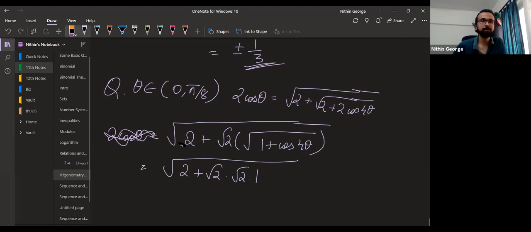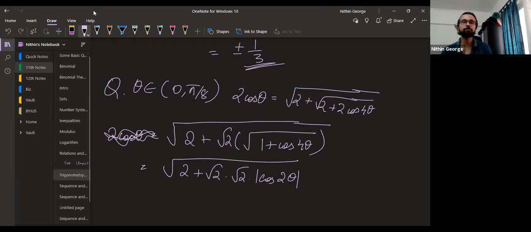So that becomes cos of half the angle. Cos 2 theta. So it will become 2 cos square 2 theta. So that will come out of the root as root 2 into mod cos 2 theta. All right. What happens next?